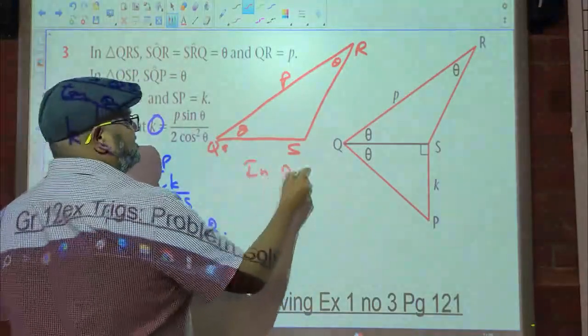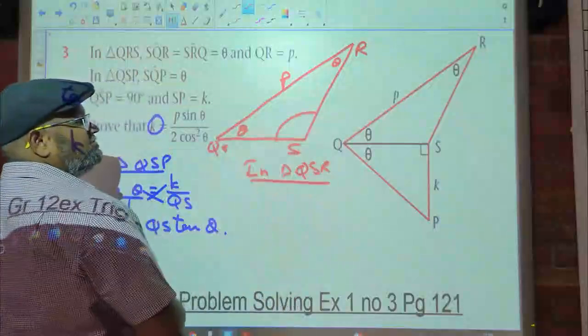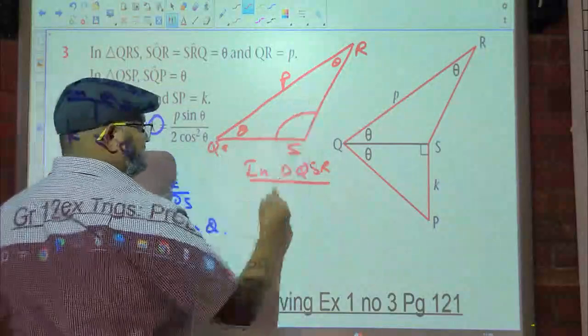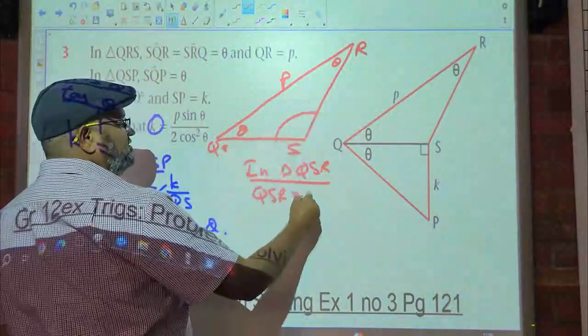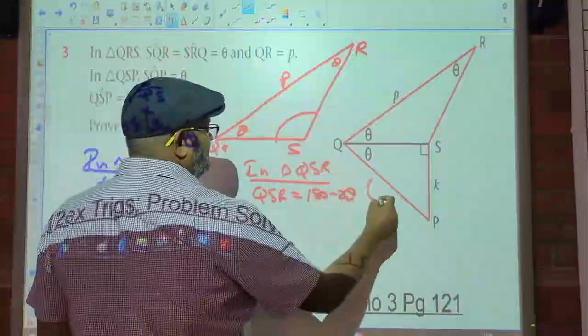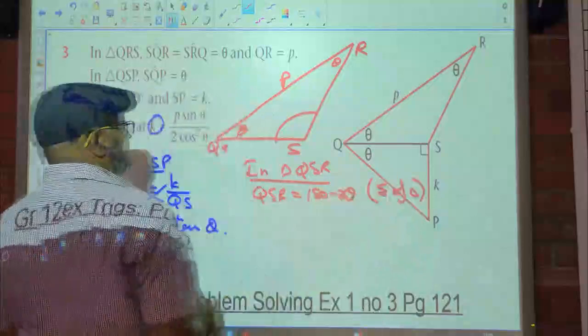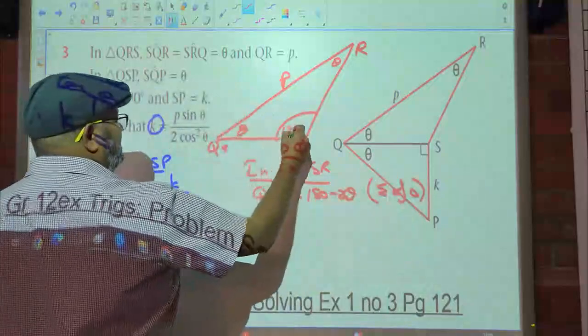In triangle QSR, we're going to work out angle QSR, not so? So QSR is equal to 180 minus 2 theta. Why? Sum of angles in a triangle. Do I need to write this? No. There's 180 minus 2 theta.